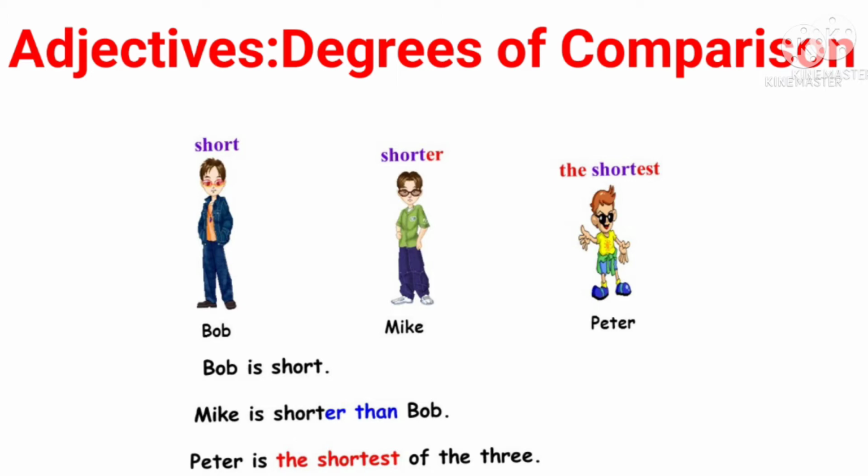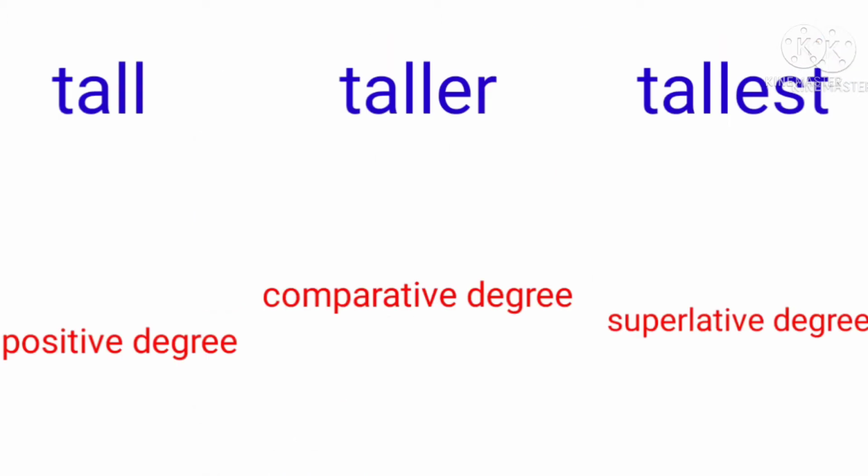Let's move forward. Now another example: here I wrote tall, taller, tallest. So what does it mean? Three degrees of comparison are given here for the adjective tall.